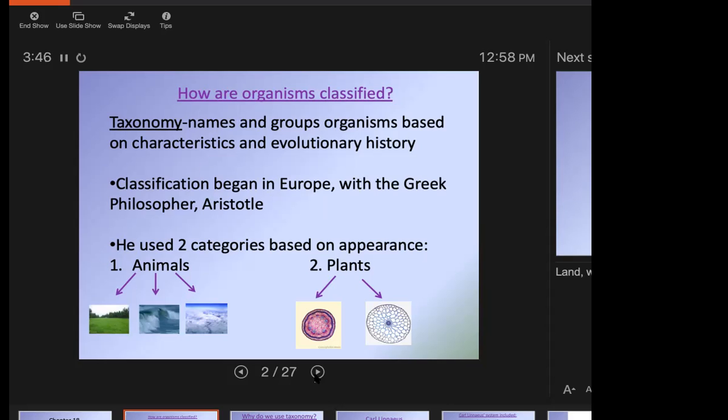Okay, not that closely related. Okay, whales are more closely related to wolves than they are to sharks. Okay, and if you are just looking at only surface characteristics or only habitat or only things like that, you're going to be missing important connections and important characteristics. Okay, so we don't use that classification anymore. Okay.